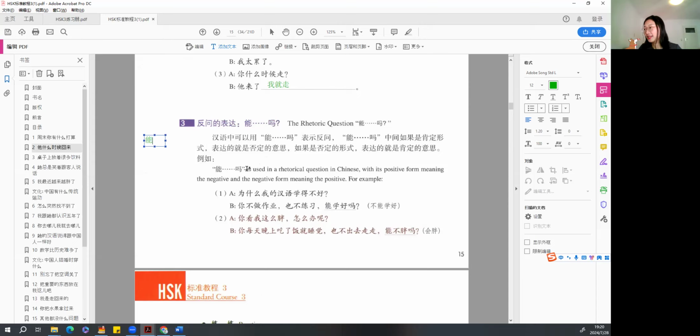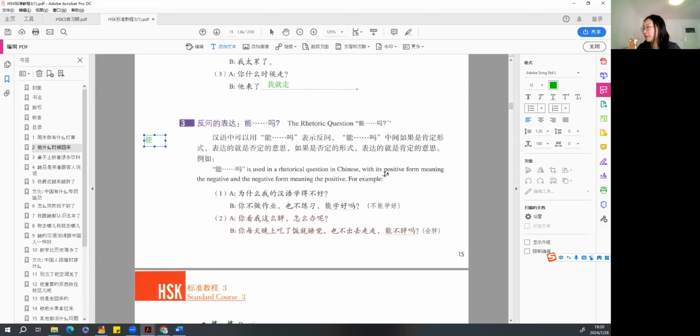But actually, let's take a look. 能 ma is used in a rhetorical question in Chinese. So actually, people ask, but they're not expecting an answer. They're just telling a statement with the expression of asking you.